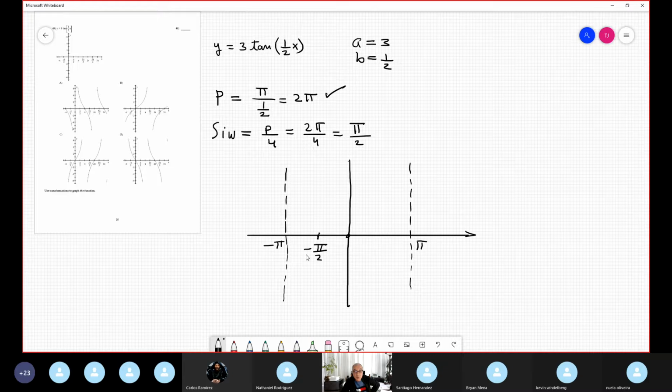Here, plus pi over 2 is 0. Plus pi over 2 is pi over 2. Okay, no reflection, so it's the same. So at 0 it is 0, definitely. And at negative pi over 2 it is negative 3. 1, 2, 3.